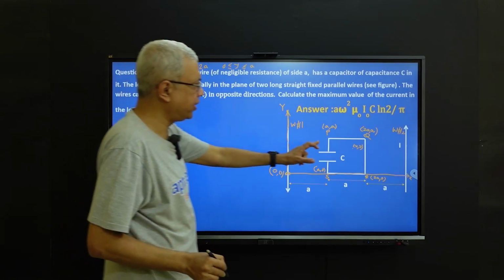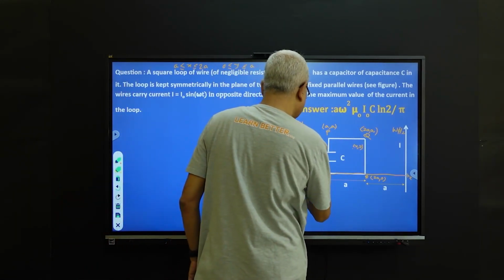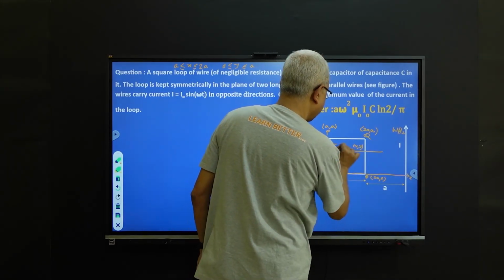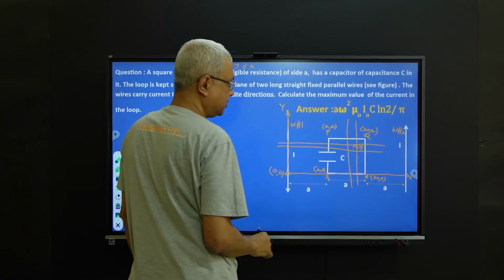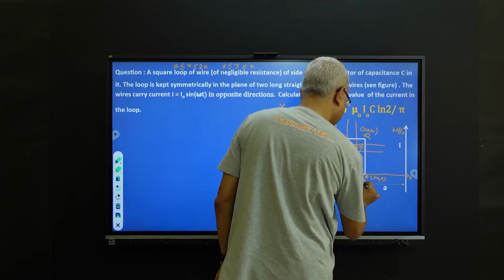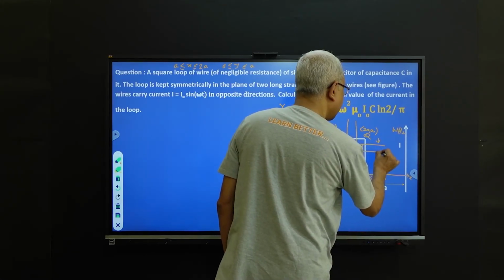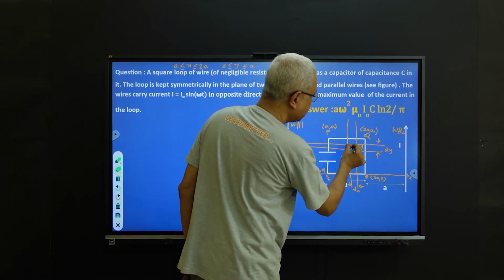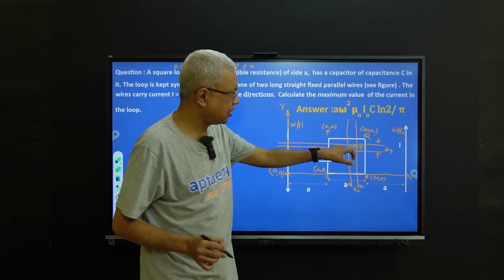So I am taking a point (x, y) within the loop, and surrounding this point, consider a small rectangular area having area of cross section dx dy. That means this distance is dx, and this distance is dy. Just imagine a small shaded area dx dy surrounding the point.